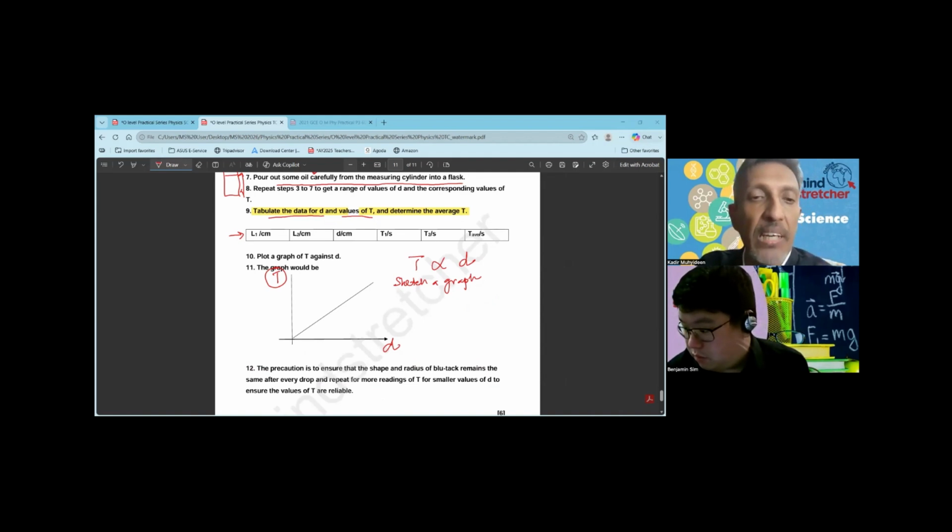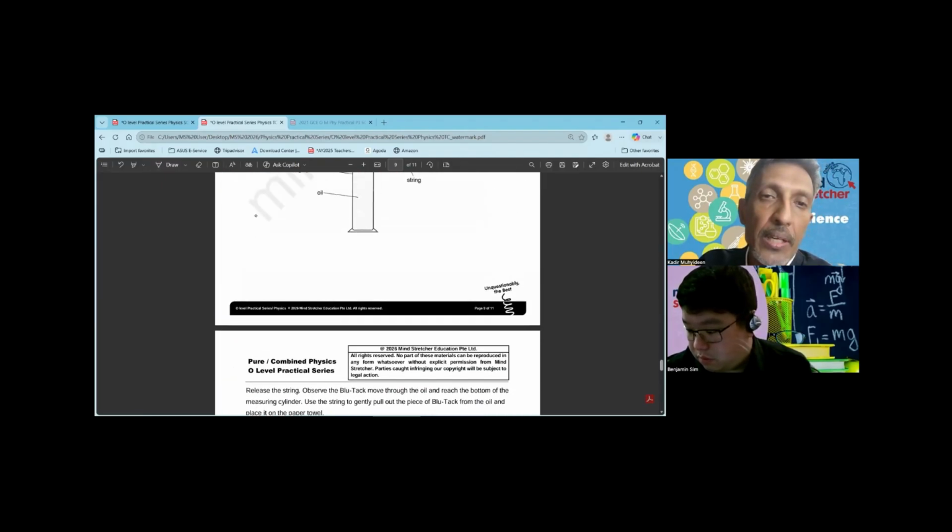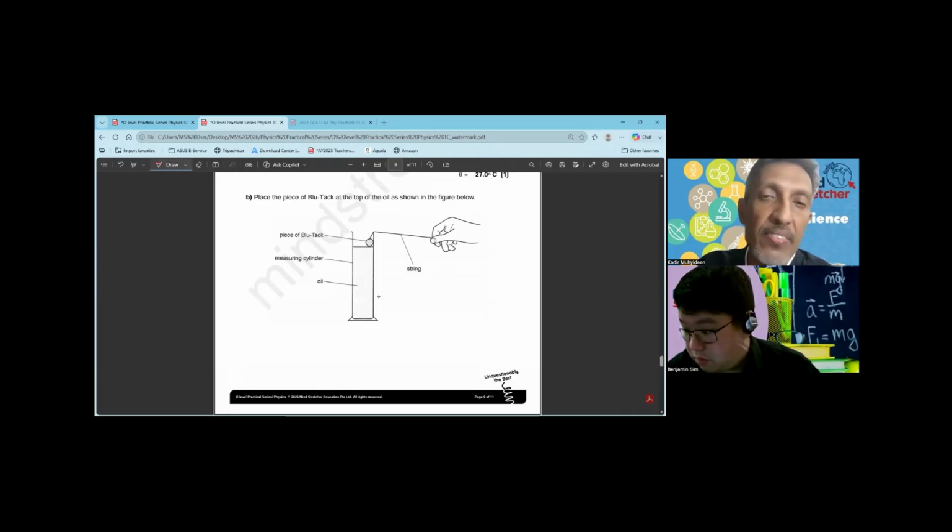What if I just release the ball from a shorter distance but same volume? Release the ball from a shorter distance but the same volume. Okay, if you go back to the question, it's about falling through this distance here.